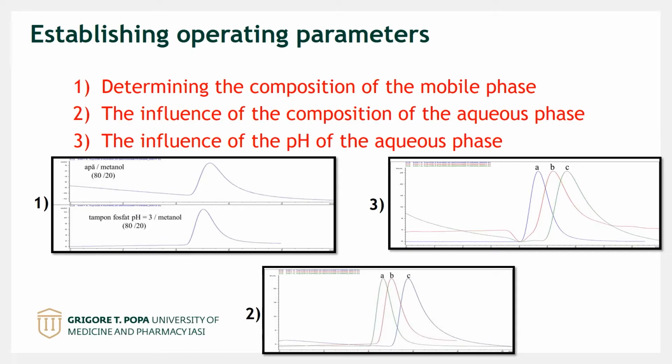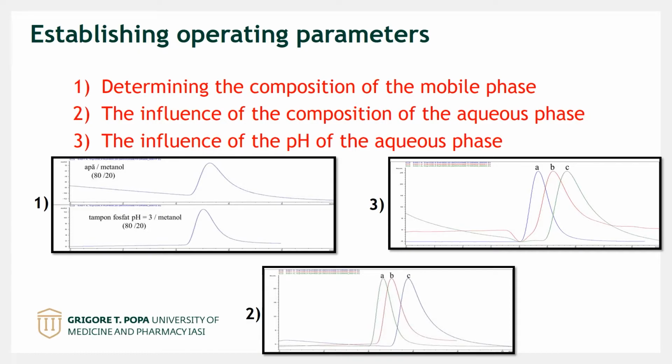Another aspect considered was the choice of the pH of the buffer system in the composition of the mobile phase. Determinations were performed on the same solution of metformin hydrochloride at a concentration of 500 micrograms per milliliter, using as a mobile phase a mixture of acetate buffer, methanol in a volume ratio of 70-30, in which the acetate buffer solution has different values of pH, 3, 4 and 5.